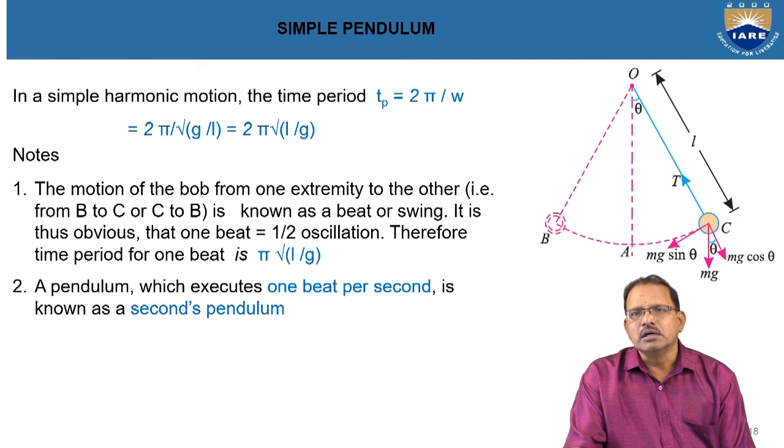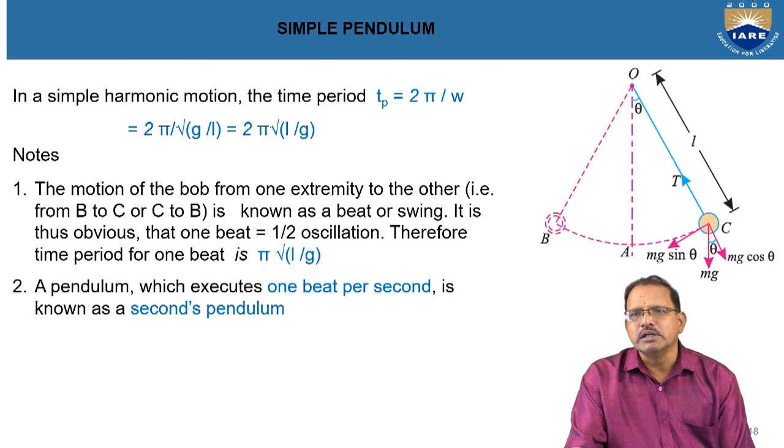Hence, it can be written as 2 pi by under root of g by L, where under root of g by L is the angular velocity of the system, which gives T equal to 2 pi into under root of L by g. The frequency is given by 1 by T, that is the reciprocal of the time period, which is equal to 1 by 2 pi into under root of g by L.